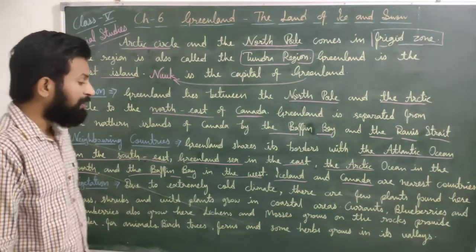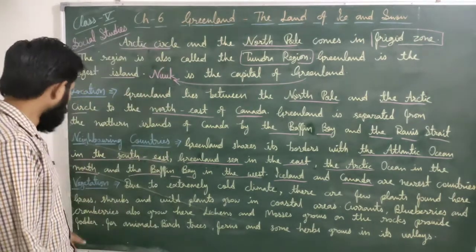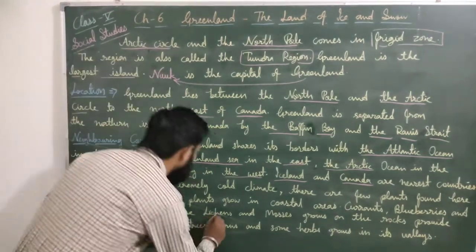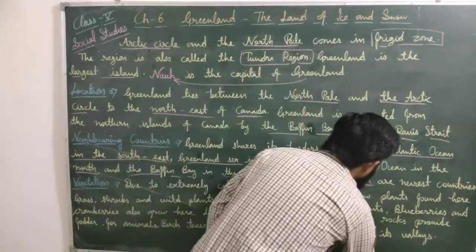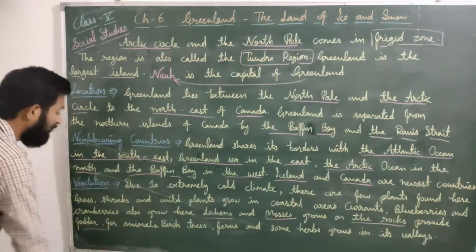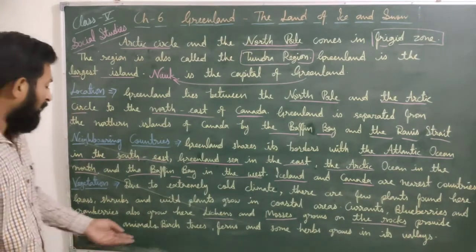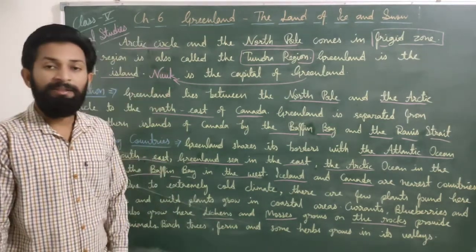Lichens and mosses grow on the rocks. Which plants? Lichens and mosses grow on the rocks and provide what? Fodder for the animals.